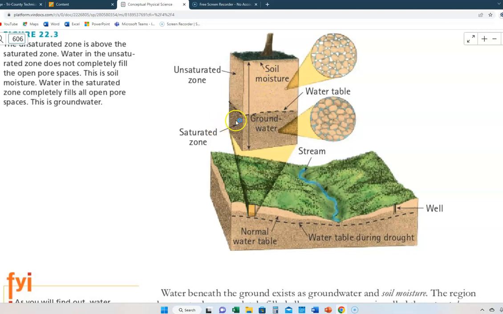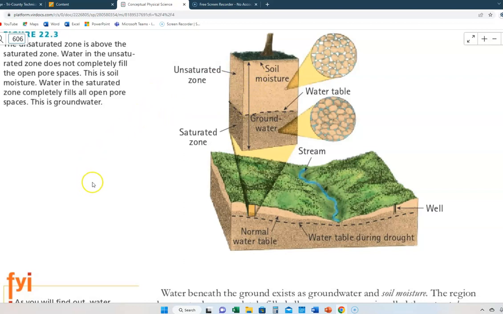So if you want steady water coming out of your sink, you always want to dig into the saturation zone, and that's at different depths. Like in the deserts, the saturation zone is much deeper than where it rains a lot, like in rainforests. In rainforests, the saturation zone is going to be much closer to the surface.